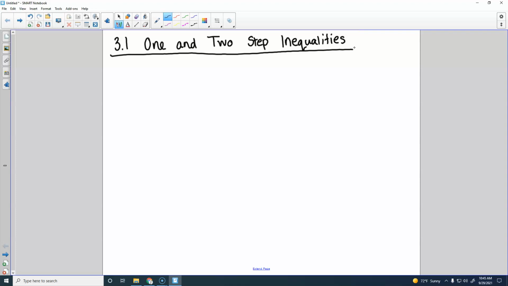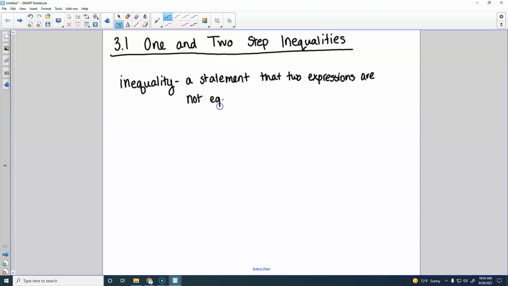So, an inequality is a statement that two expressions are not equal, usually using greater than, less than, greater than or equal to, or less than or equal to signs.